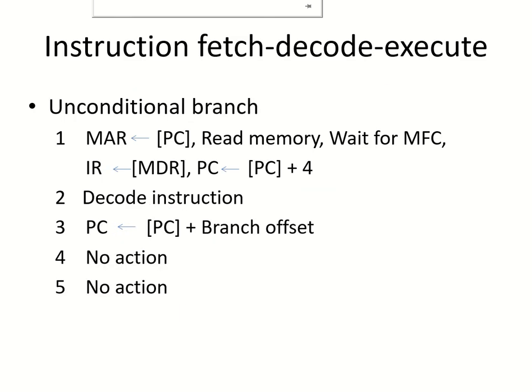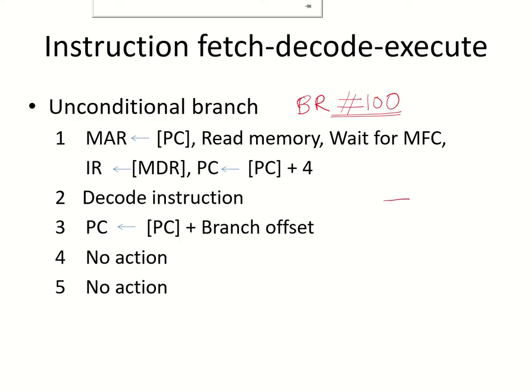If we are having an unconditional branch instruction like branch to an offset 100, this offset will have to be added to the contents of the program counter to generate the address of the target instruction.